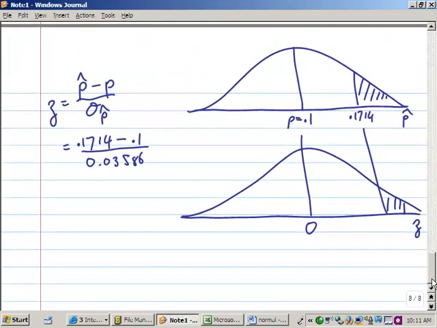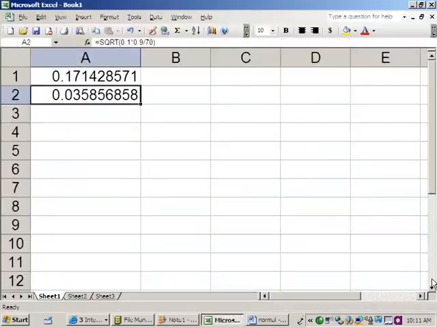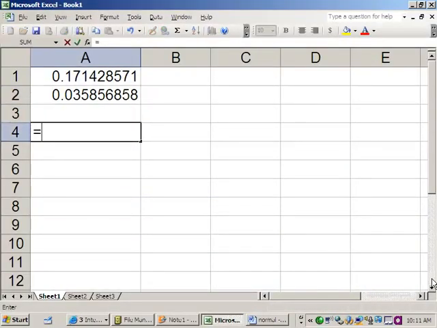Now we'll go to Excel and do that. That's 1.99.